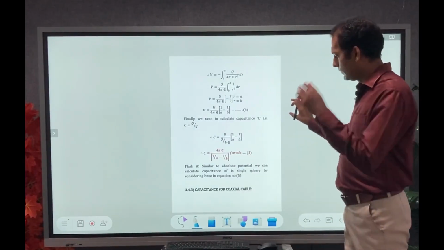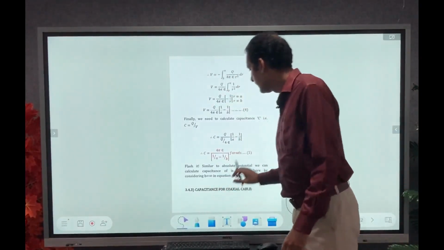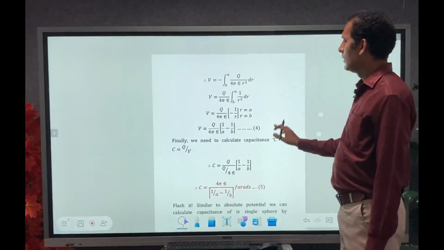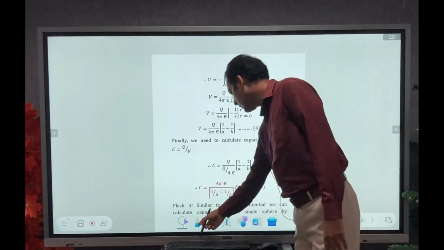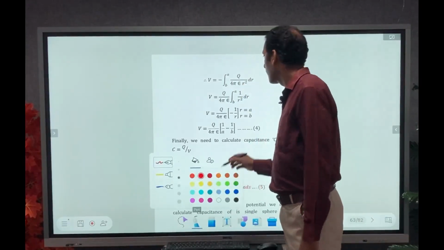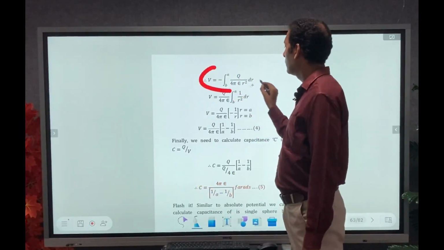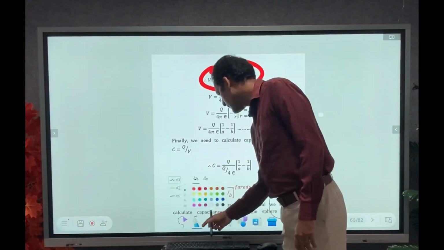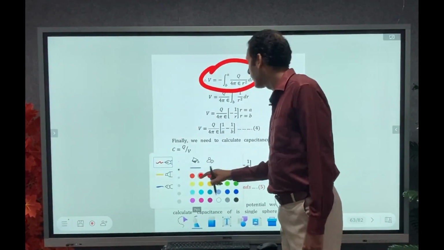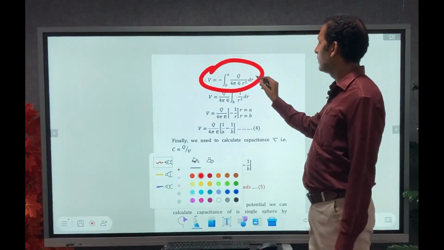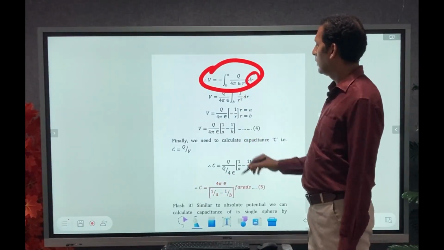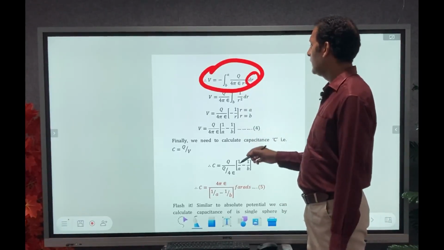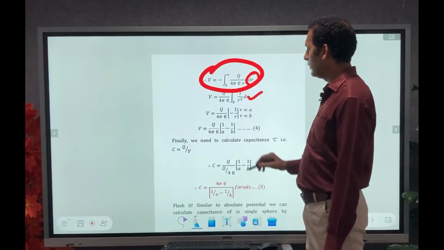So here we have V is equal to the limit from b to a of q by 4 pi epsilon naught r square dr. Now all the others are constant, we have to just integrate dr. So for dr we will get 1 upon r square.